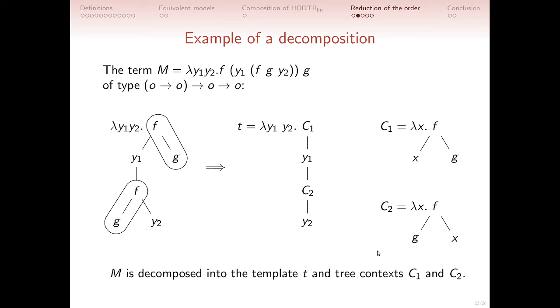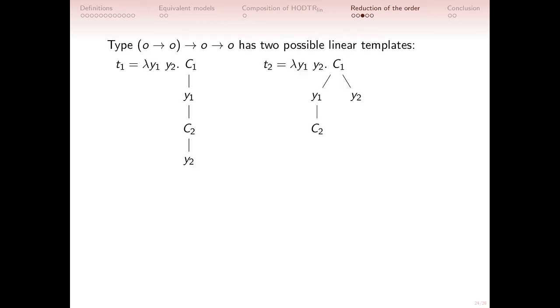What we'll see is that for each type, there are finitely many templates you can have for the terms of that type. So we saw earlier that our term had this type. Well, for linear terms, either you have this template, or you have this template. There is no other way.